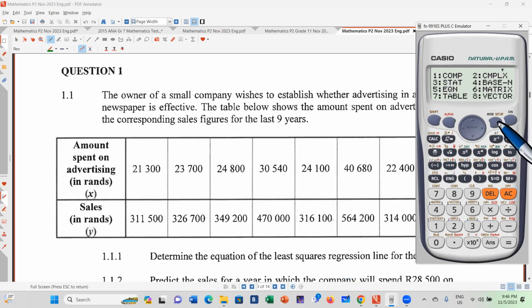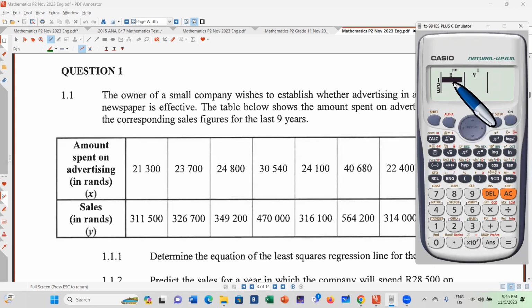After pressing the mode button, we see comp, stat. We're going to do stat, statistics, so we press 3. After that, we want to find the regression line, which is of the form A plus BX, like MX plus C. So we press 2.